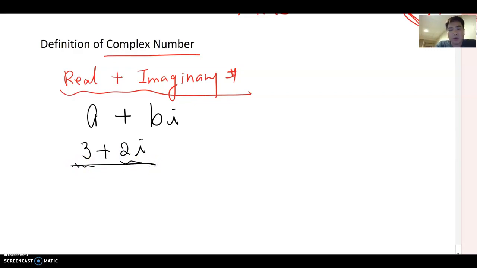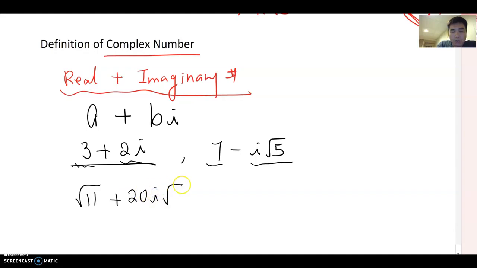Combined together we call it a complex number. Also 7 minus i root 5. This is the real term, and this is the imaginary number term. So this is also a complex number. Even root 11 plus maybe 20i root 3 is also a complex number, because that's the real number and that's the imaginary number term.